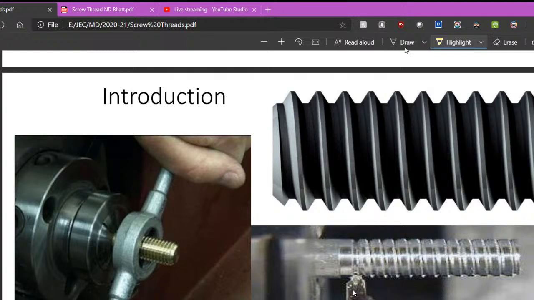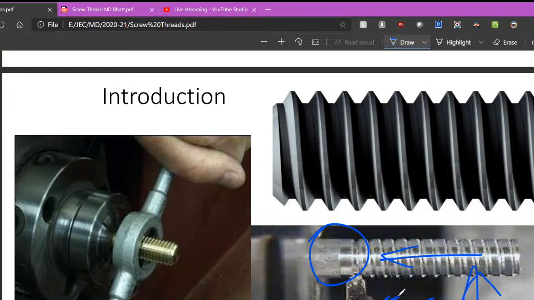You see here a cylindrical bar, and on that cylindrical bar this tool, a single point cutting tool, is fed against the bar, and at the same time we move it along the axis of the cylindrical bar. We move this single point cutting tool at a constant speed.